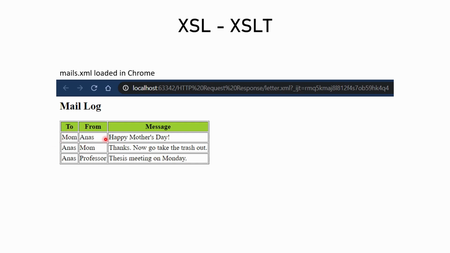So we have 3 instances for our to, from, and message headers. Okay, so that is how we can use xsl:for-each and xsl:value-of in conjunction to loop through multiple elements of the same type and get the value for each of those elements.